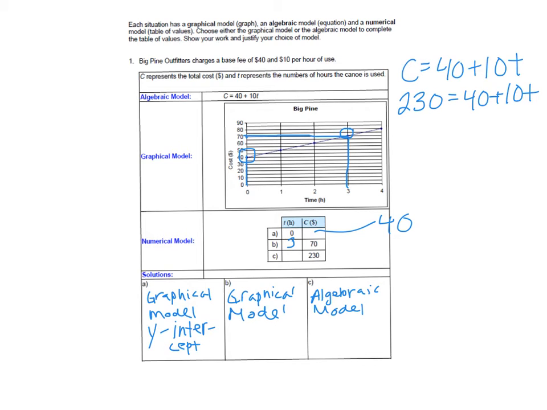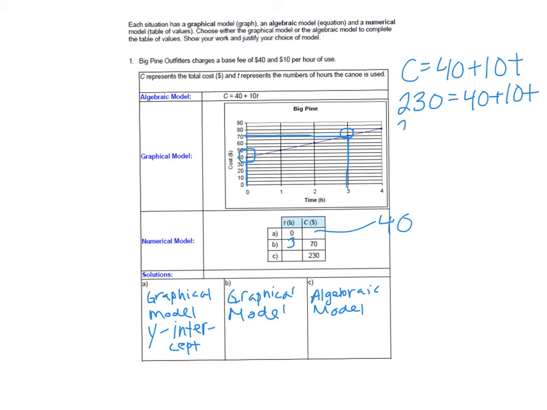Now, as we've discussed, this is an example of a two-step equation. And what I'm going to want to do first is get rid of the 40 from the right-hand side. So to do that, I'm going to have to subtract 40 from both sides.